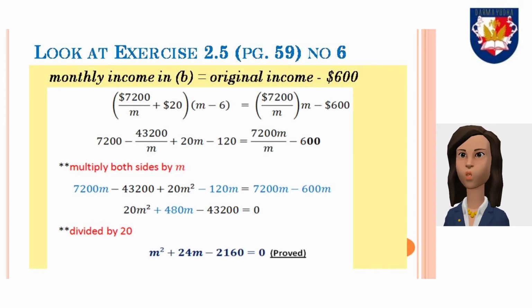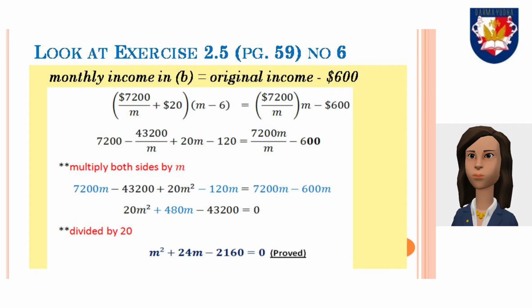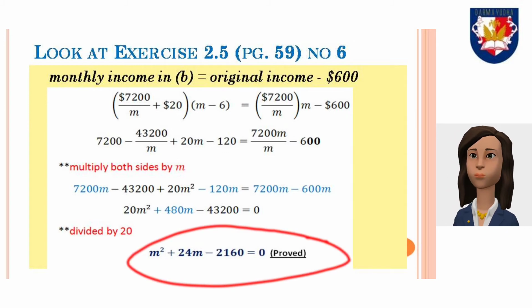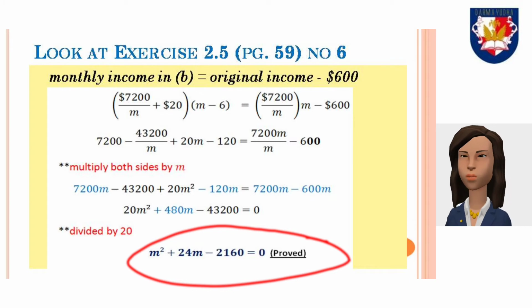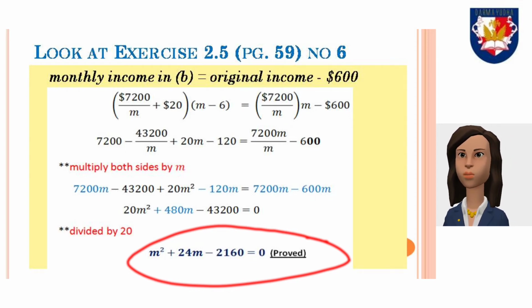After we get the form of the quadratic equation, just simplify it, divide it by 20. Then we prove that it is M squared plus 24M minus 2,160 equal to 0. It means proven.